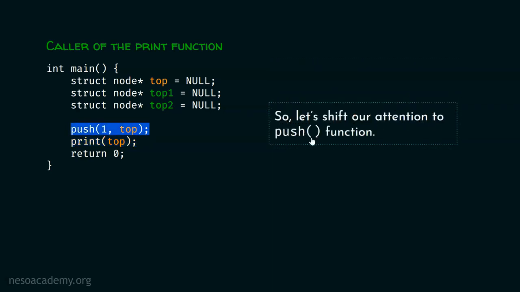So let's shift our attention to this push function. Passing top means passing the value of the top, right? Please understand this: here we are passing top, which means we are passing the value of the top. Although top is a pointer and we already know that it is nothing but a special type of variable which stores the address of some other object.